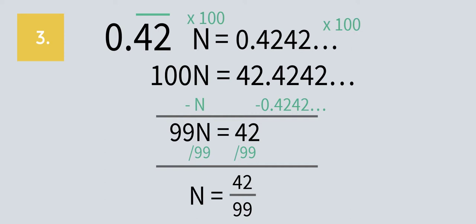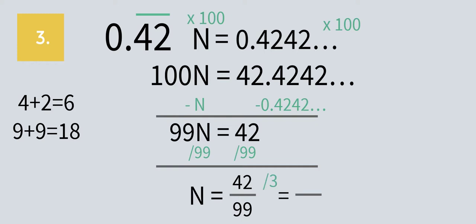Now, right off the bat, it may not be obvious if they're both divisible by some specific number or what the greatest common factor is, but I can tell you 42 and 99 we know are both divisible by 3. And the reason for that is if you add up the digits in a number and it's a multiple of 3, the number is divisible by 3. So 4 plus 2 is 6, and 9 plus 9 is 18. Both of those are multiples of 3. So 42 divided by 3, what's that going to be?